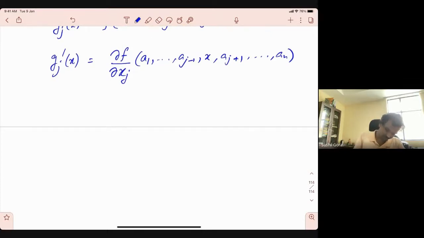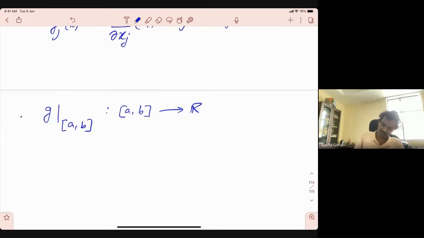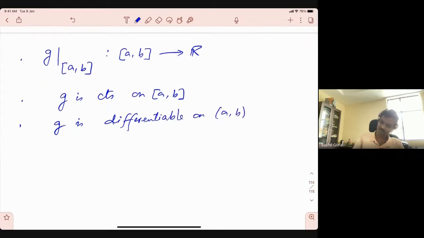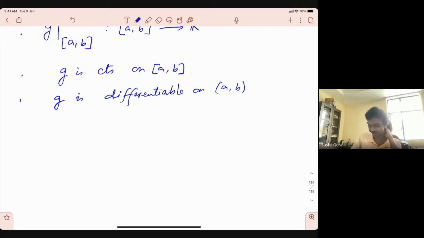If you restrict g to a closed interval [a, b], then g is continuous on [a, b] and g is differentiable on the open interval (a, b). So which theorem can we apply?